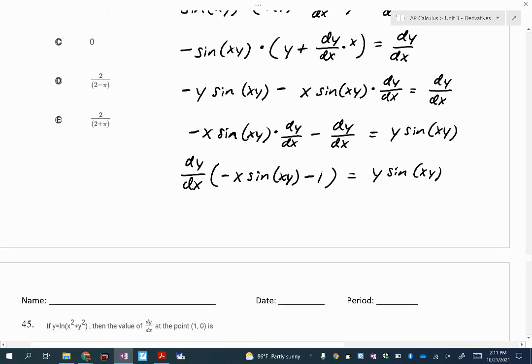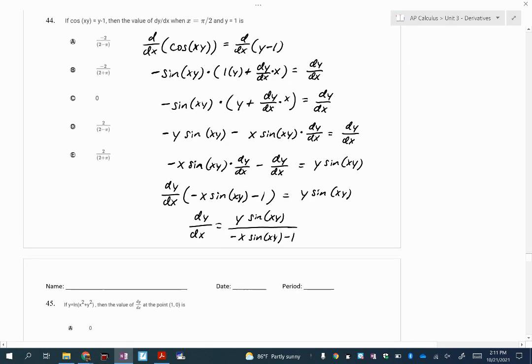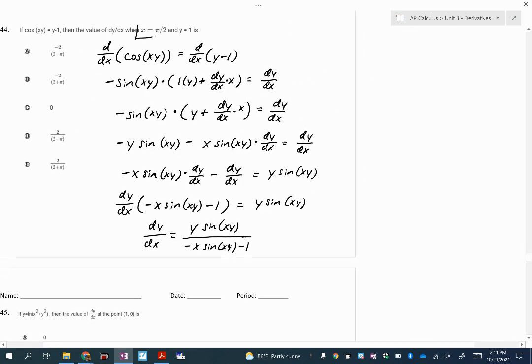And then finally divide out to isolate it. So y times the sine of xy all over negative x sine of xy minus 1. So that is the derivative, but we're not done yet. We have to plug in our values for x and y.